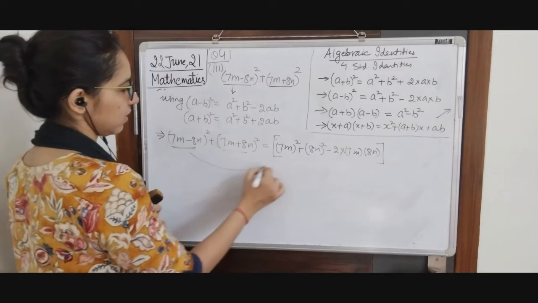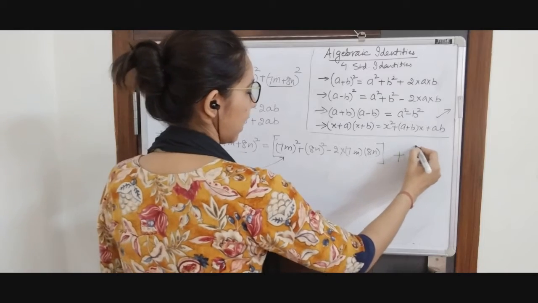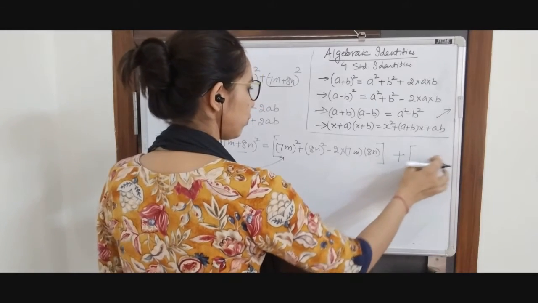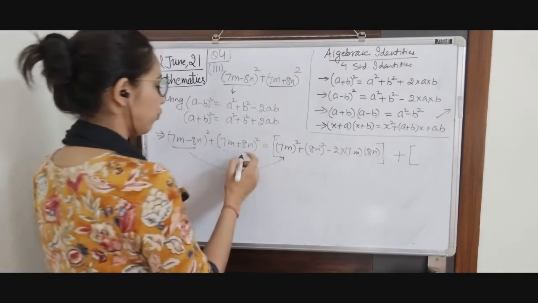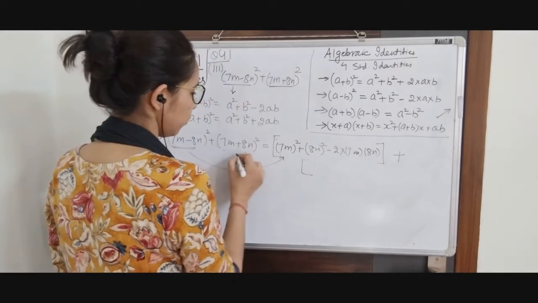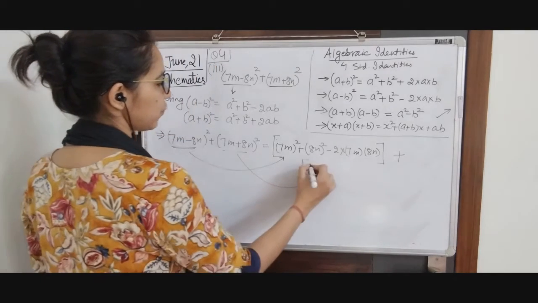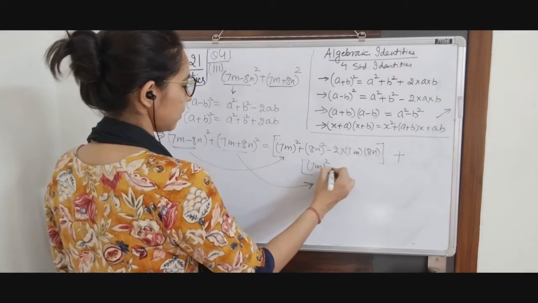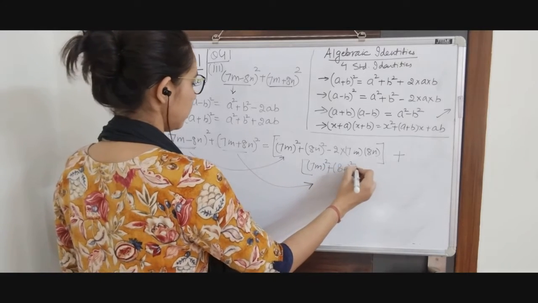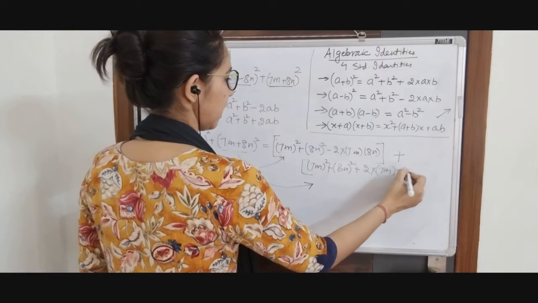Now we have a plus sign, so I'll put a plus sign and bracket. I am simplifying here: first term square plus second term square plus 2 into 7m into 8n.